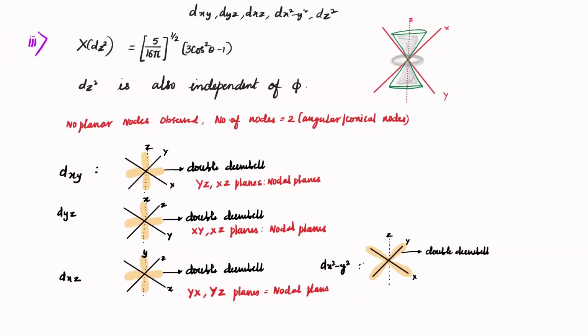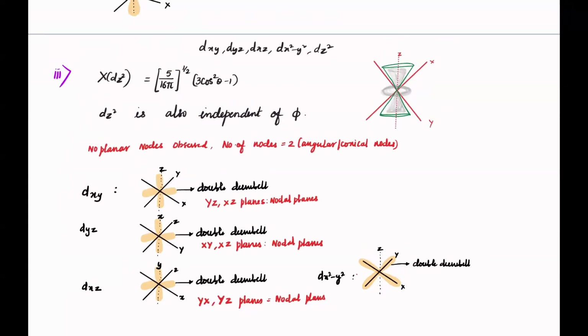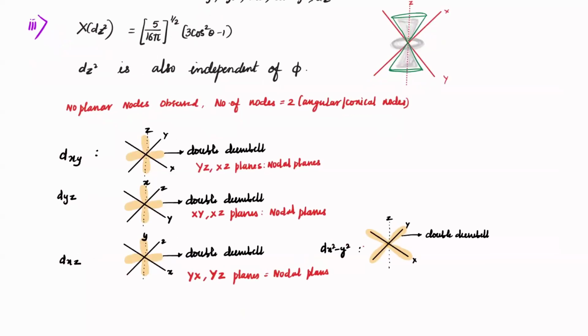Done? Everyone clear how it looks? So the whole point of angular nodes is to figure out how the orbitals are aligned, what their shape is, and what nodes they make.